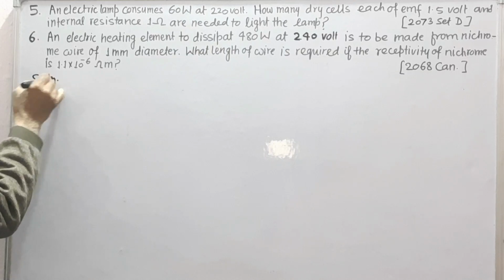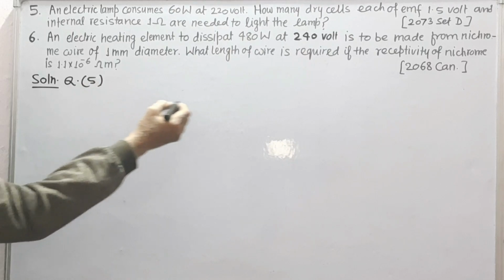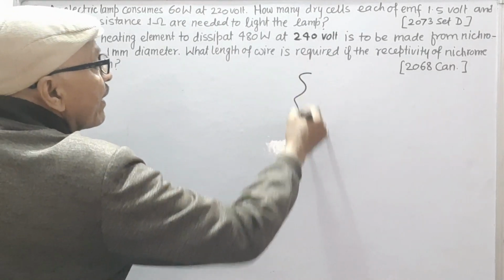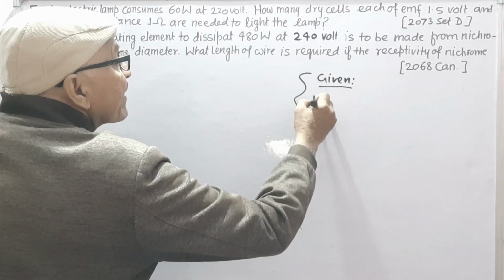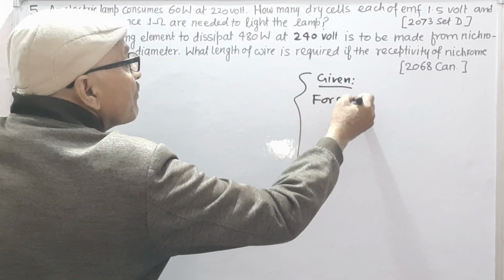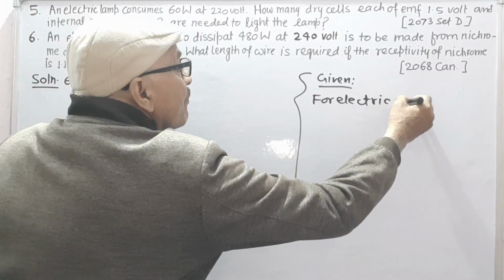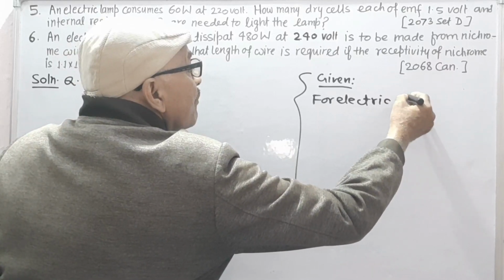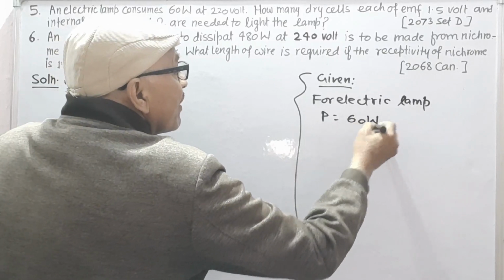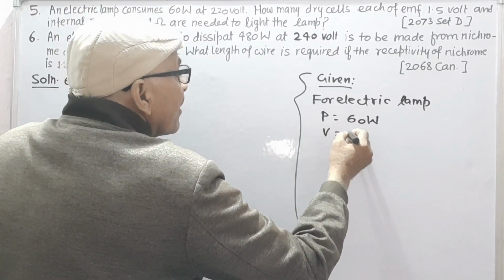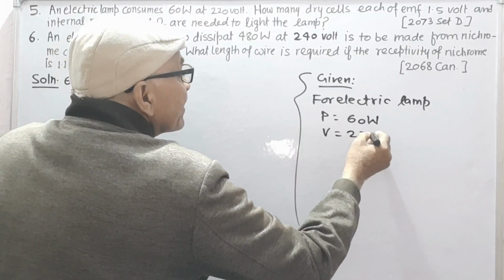Solution to question 5. Here, given for the electric lamp, power is 60 watt at voltage 220 volt.